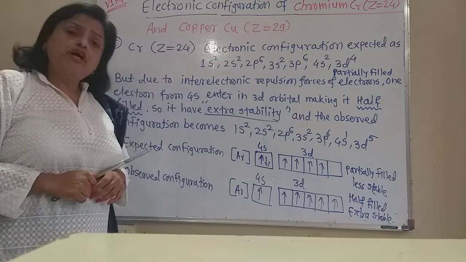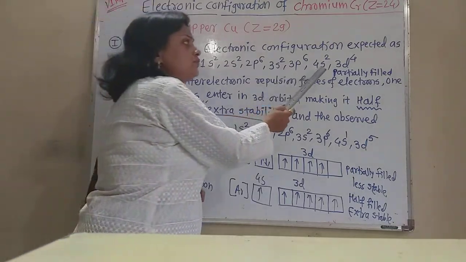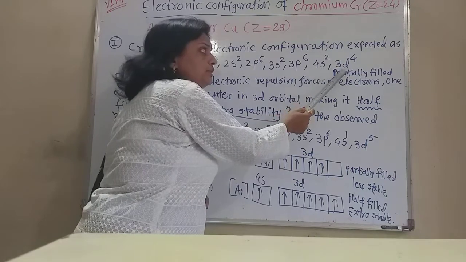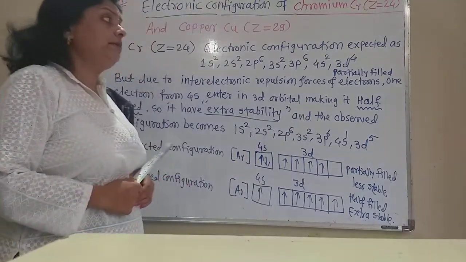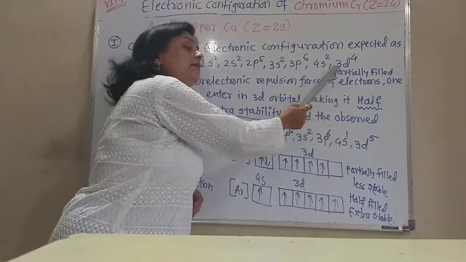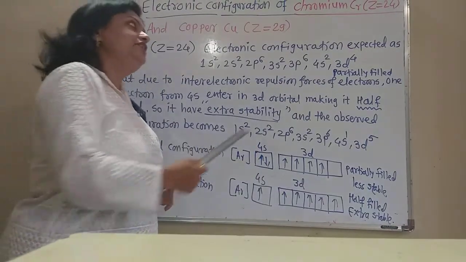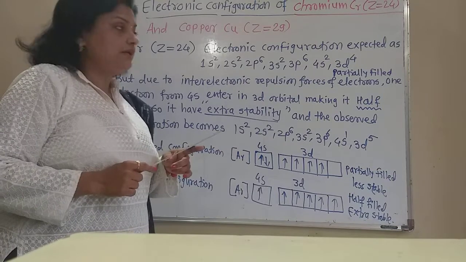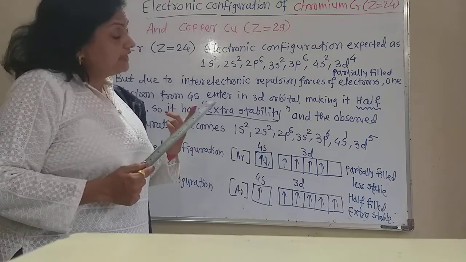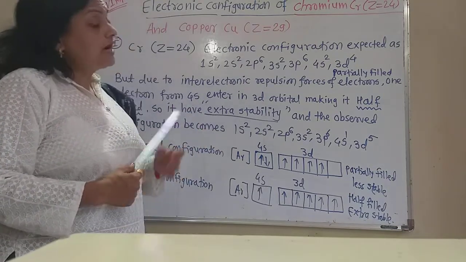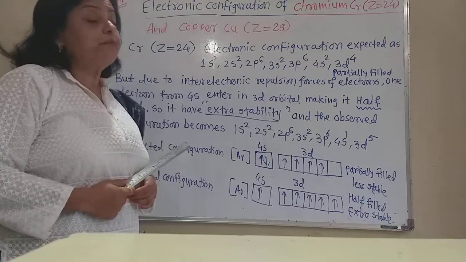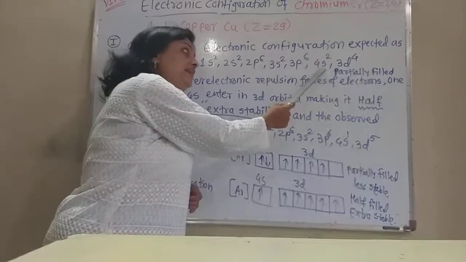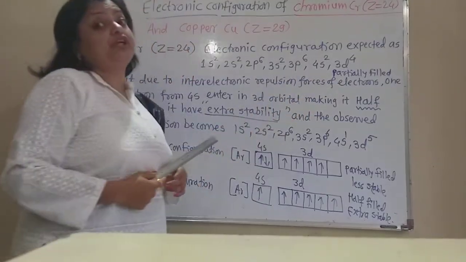Now if one electron from the 4s goes into the 3d orbital, what happens? The 3d orbital becomes half filled, and the 4s orbital, which has only one orbital containing one electron, is also half filled. Both half filled orbitals are more stable than one completely filled and one partially filled orbital.